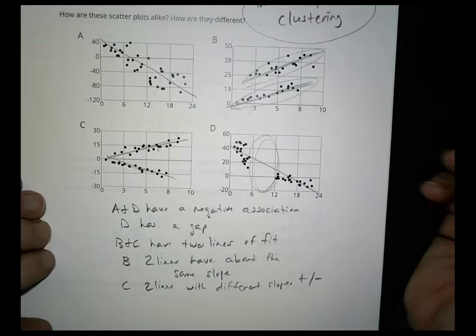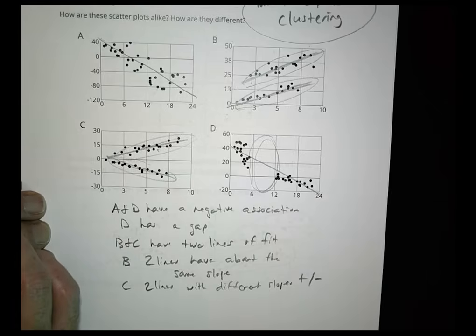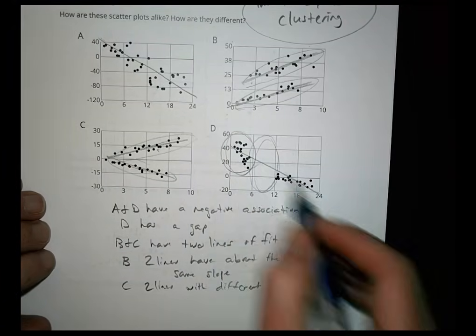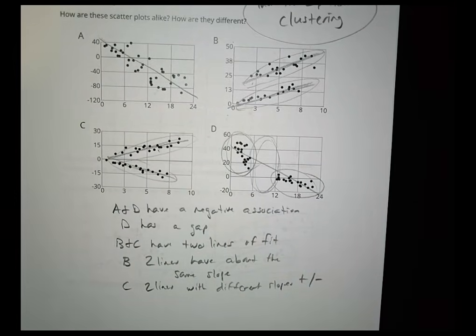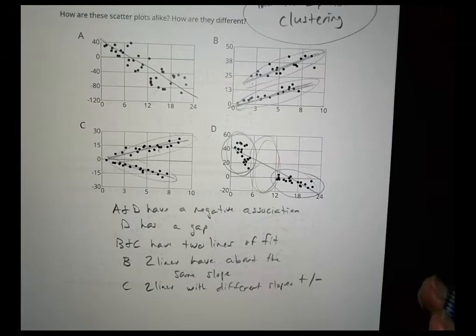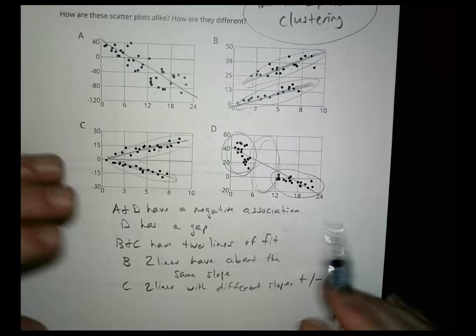It's clustering. Here we have a pattern of positive, a pattern of negative. That's clustering. For this one, because of this gap, it's almost like you have a pattern over here and a pattern over there. So this is an example of clustering. What it does is it reveals to us some hidden patterns that you might not have expected, or what we might want to call subgroups within the whole group.